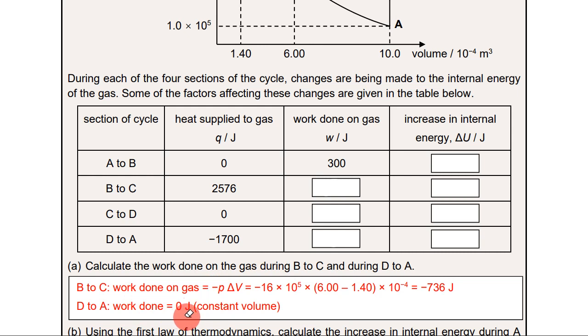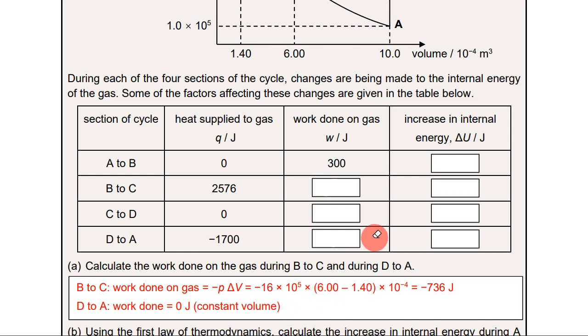When there's no change in volume, there will be no work done. Only when there's a change in volume is there work done. If the volume increases, expansion, work done on the gas is negative. If the volume decreases, contraction, then the work done is positive. If there's no change in volume, there's no work done.